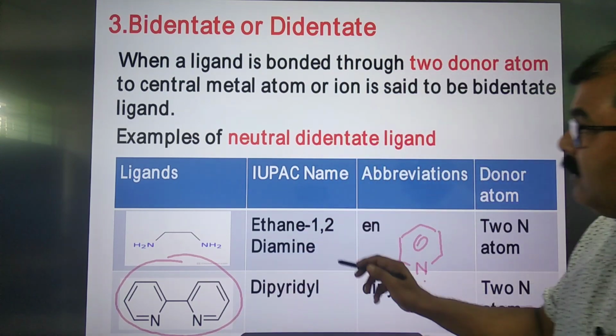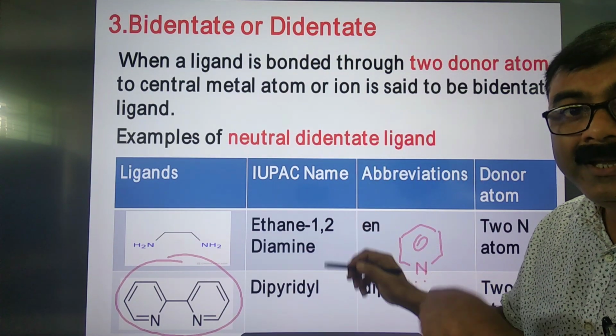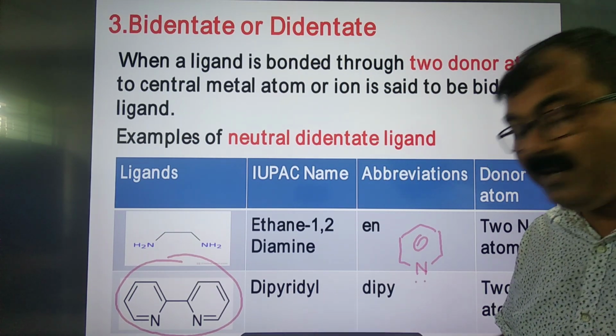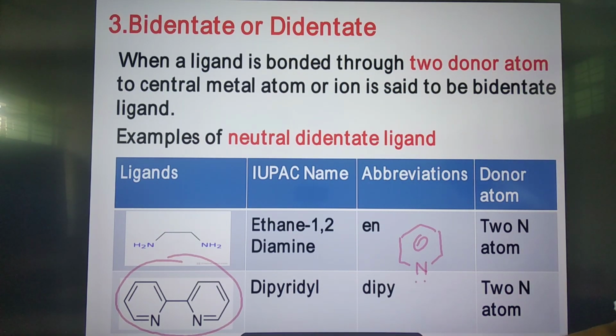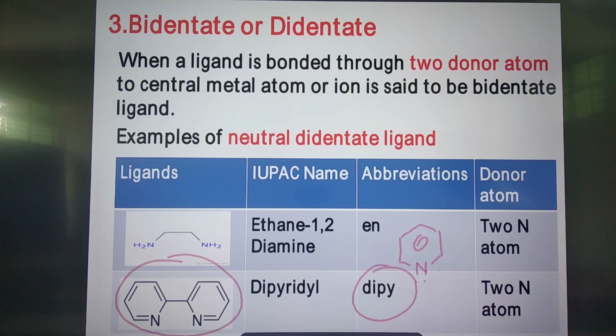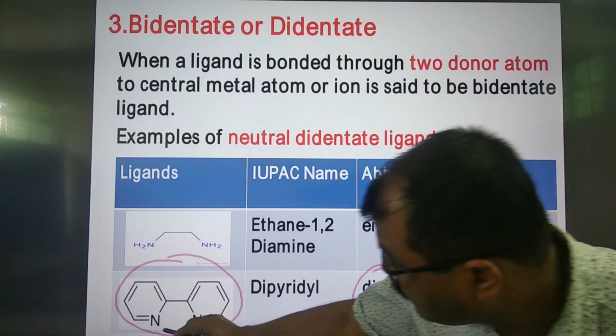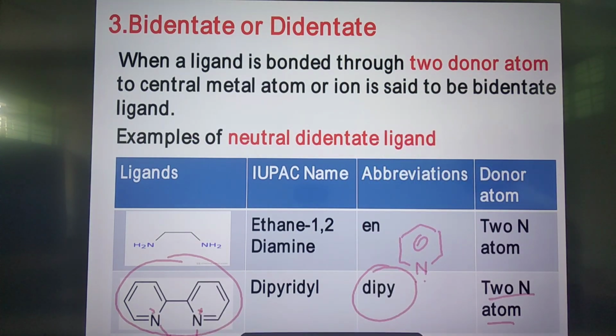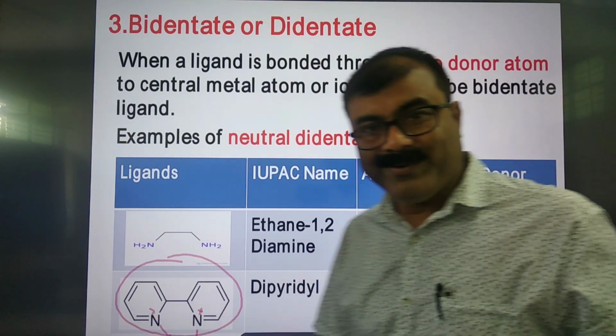The IUPAC name in the complex is dipyridyl, and the abbreviation is dipy. Here also there are two nitrogen atoms, this nitrogen and this nitrogen, which are the donor atoms. Have you understood?